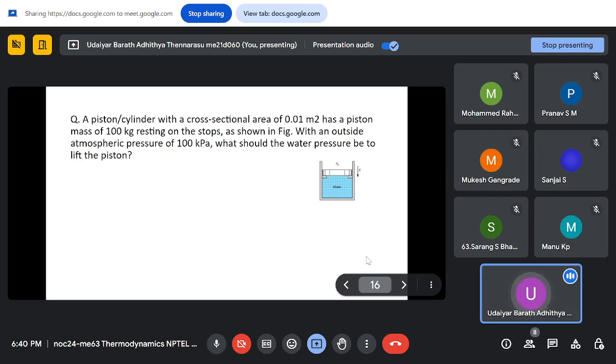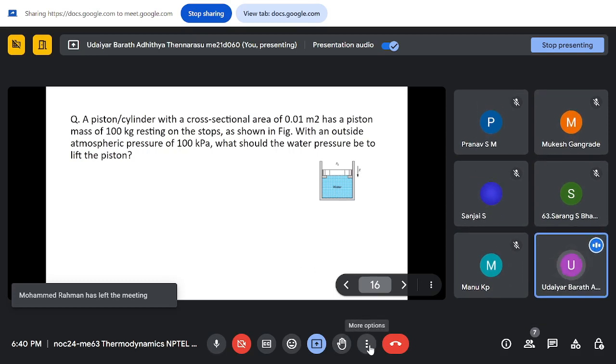You can try this example. I'll wait for another 2-3 minutes. You can try.